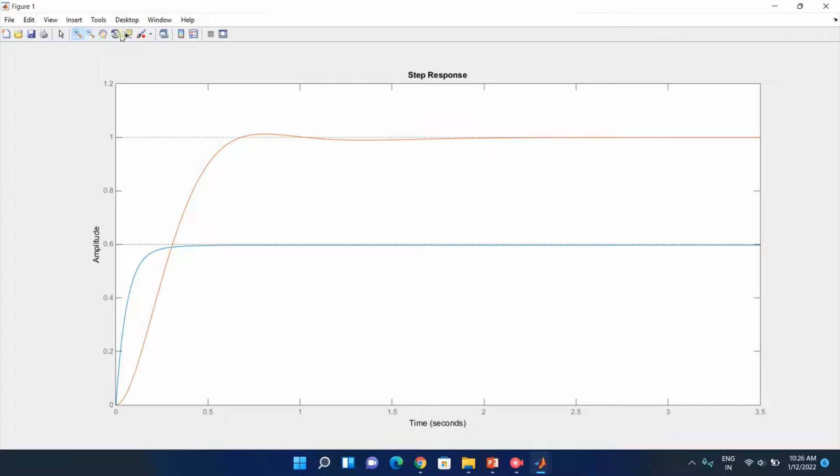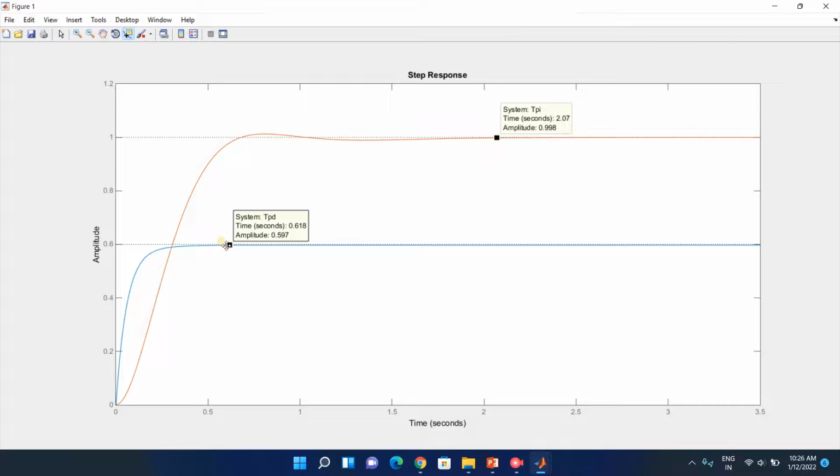But in this particular case, for the PI controller, the error is 0. But see, the PI has taken more than 2 seconds to settle, whereas the PD controller has settled in less than 1 second because the PD controller has very much damping capability.